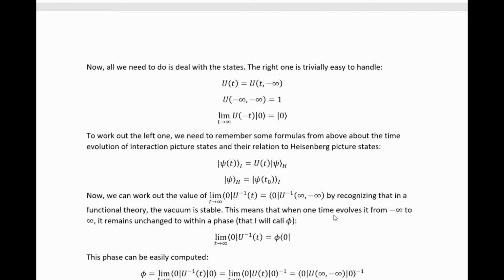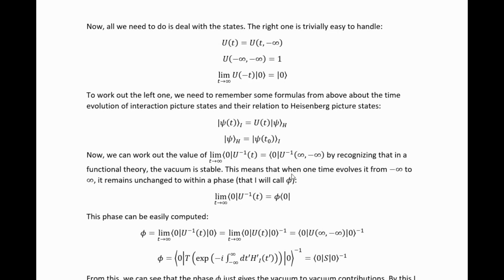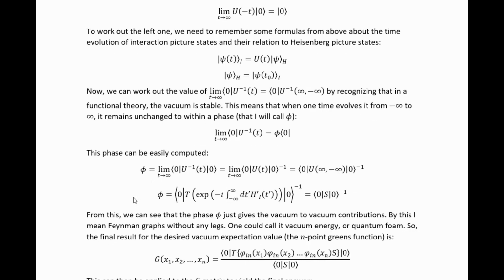This means that when one time evolves it from negative infinity to infinity, it remains unchanged to within a phase, which I will call phi, where this phi is not a curly phi, to distinguish it from the field operators. The phase can easily be computed by taking the inner product of this equation with another vacuum, which ultimately gets us here.